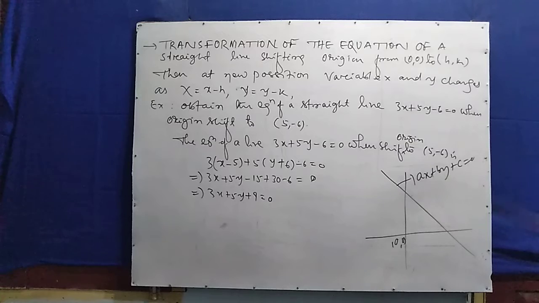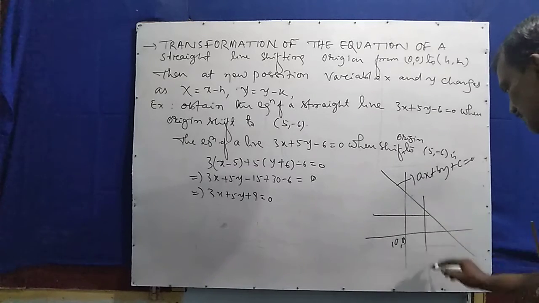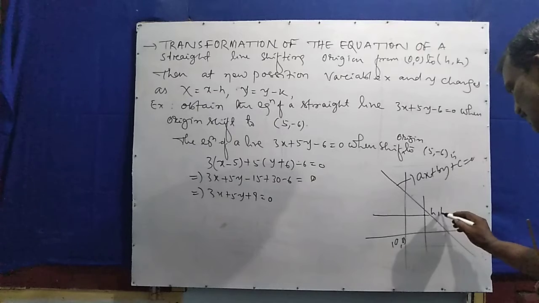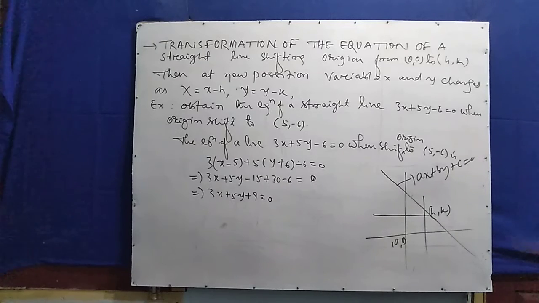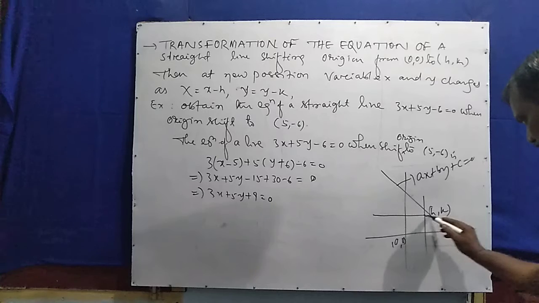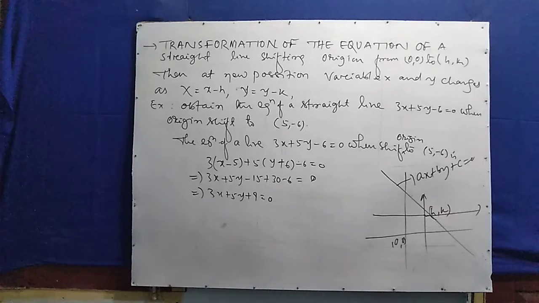When the origin shifts to another point, suppose the point h, k, then with respect to this new origin the equation of the straight line changes. So what is the new transformation of the equation?